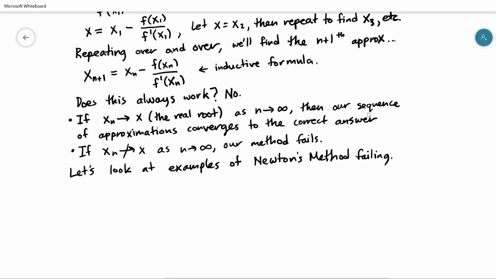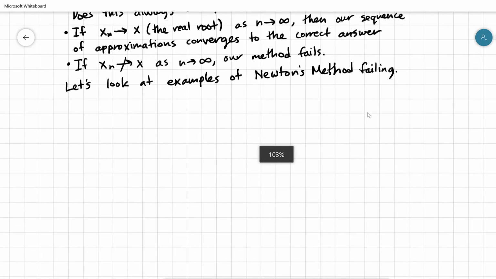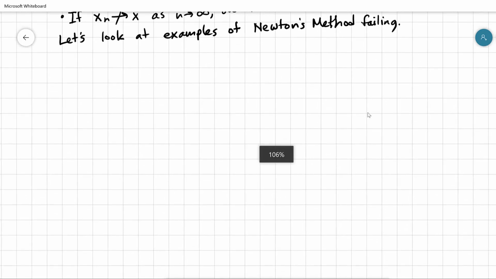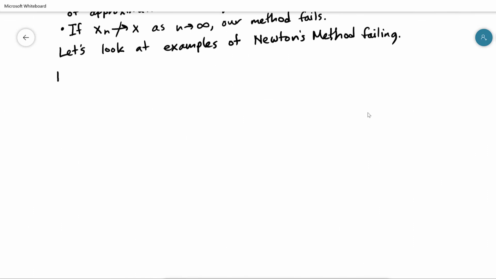Okay, the first one I want to look at is the following. So here's our first example. I want to think of f of x as the following. It's going to be x to the 1/3 power. So basically, we're looking at a function that's the cube root of x.